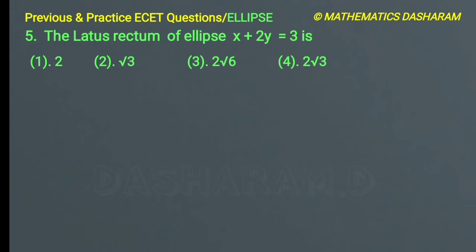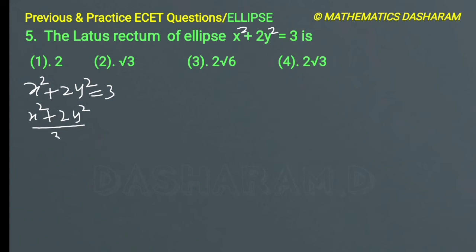Fifth question, the latus rectum of the ellipse x square plus 2y square equals 3 is. Let's convert it into the standard form of the ellipse. So x square plus 2y square, the 3 transposes to the left side. So x square by 3 plus 2y square by 3 equals 1.